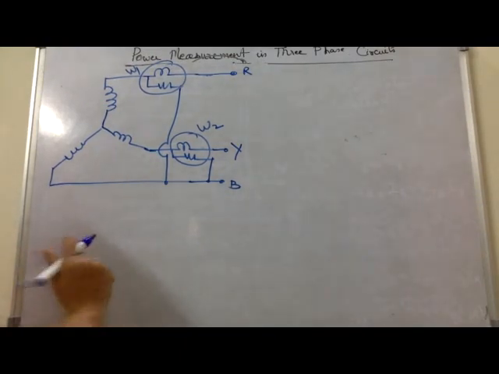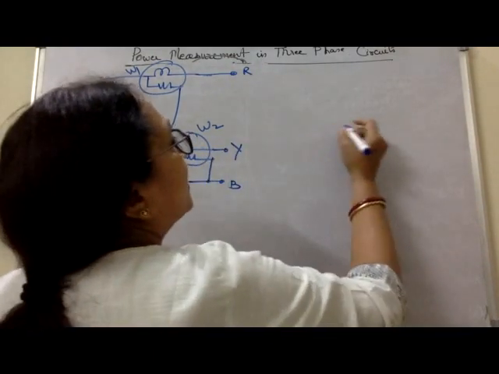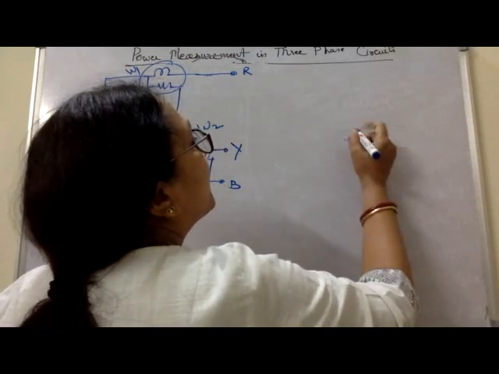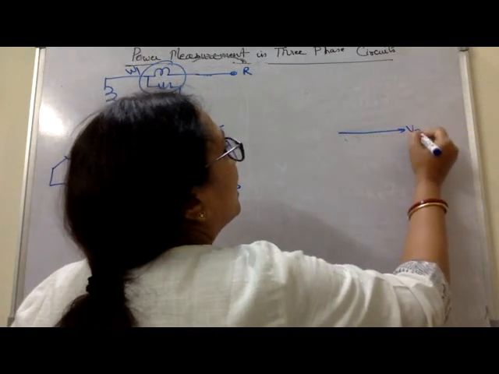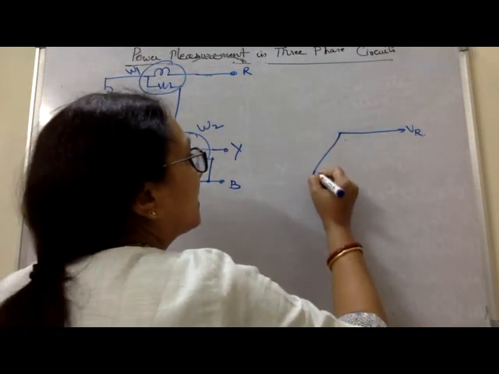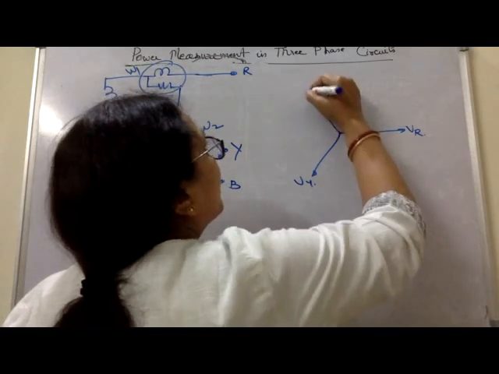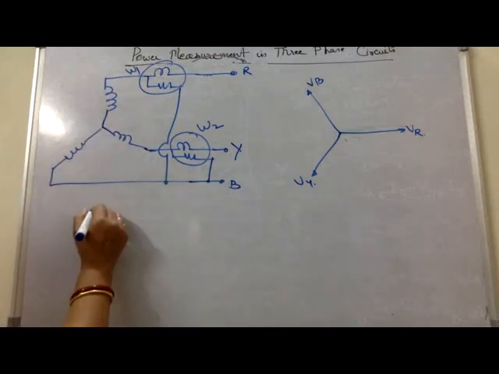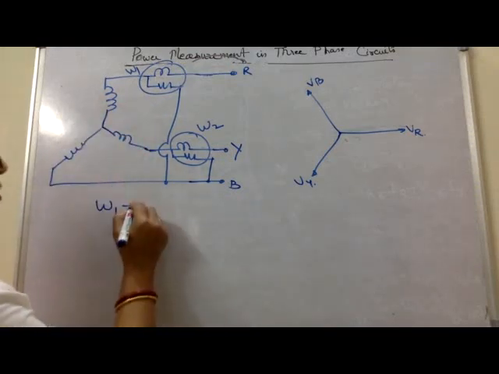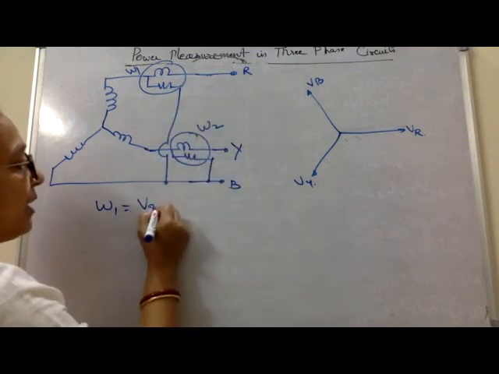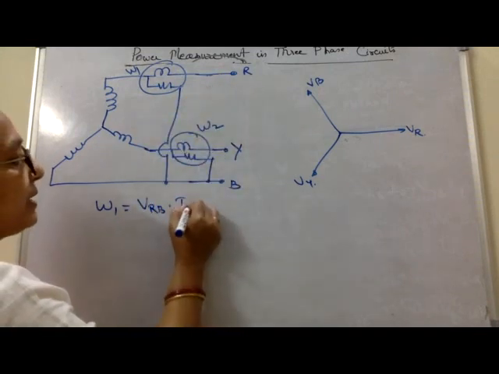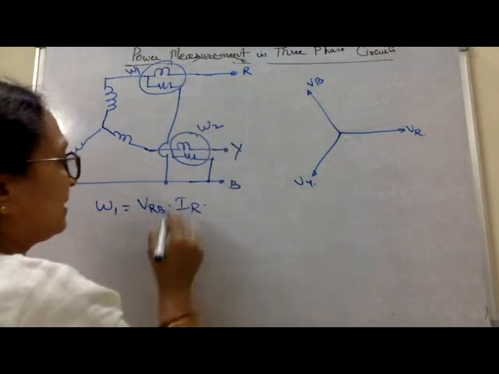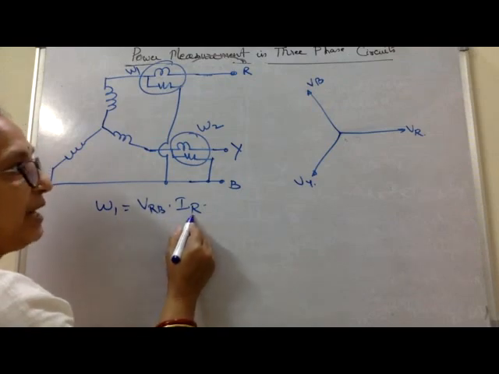Over here, if I draw the phasor diagram, taking the phase voltage VR as the reference, then VY, and this is our VB. Now the first wattmeter is reading the voltage VRB and the current is IR, and what is the angle? The angle is the angle between VRB and IR.